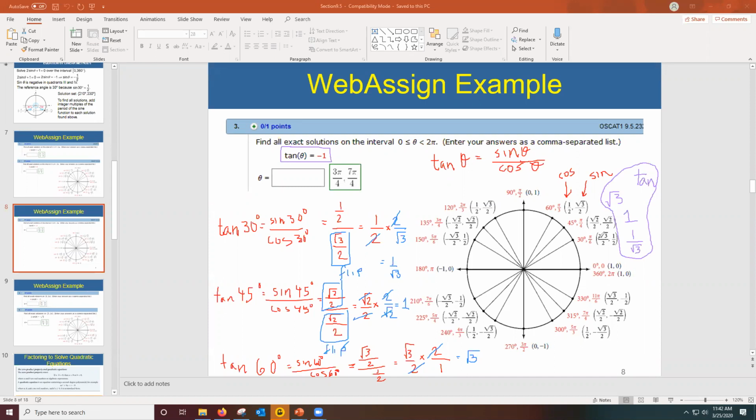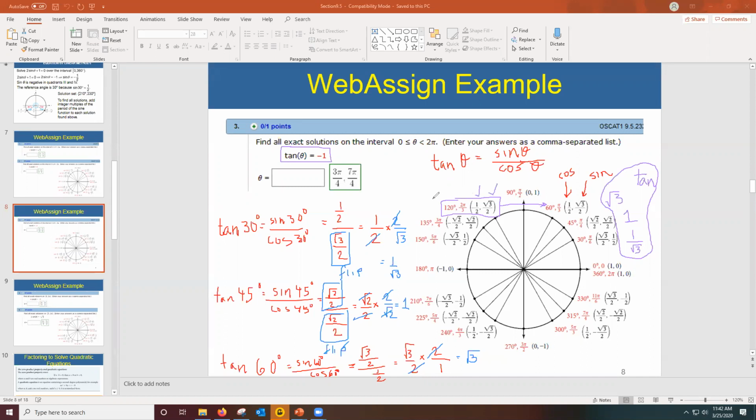Now, since I went to this trouble, it's actually easy now to fill in tangent for all the other angles. Let me go to tangent 120. I really don't have to do any work because when I do the tangent of 120, it's going to be the same calculation as tan 60. The only difference is it's going to be a positive divided by a negative.